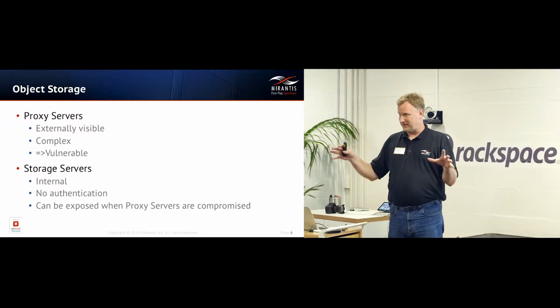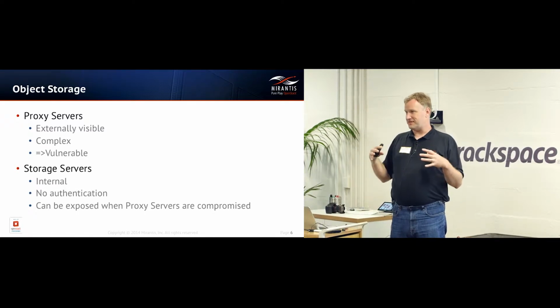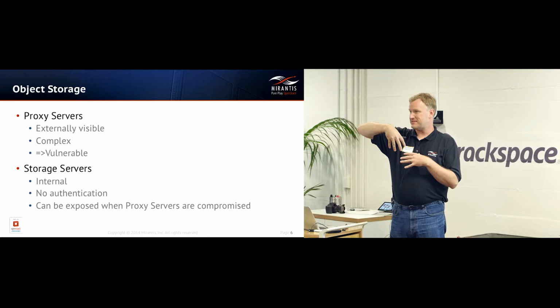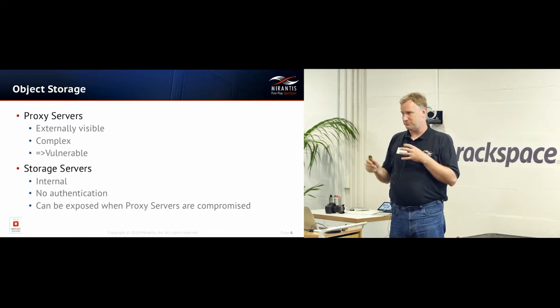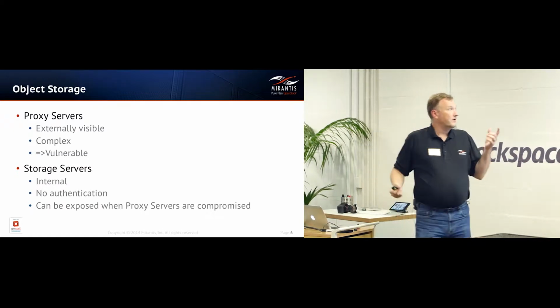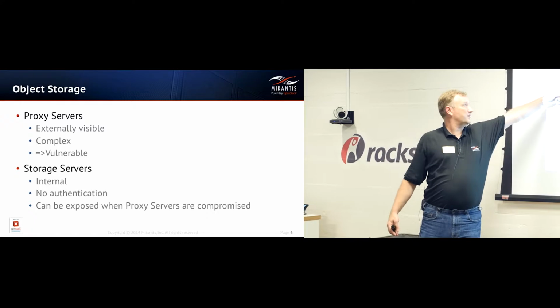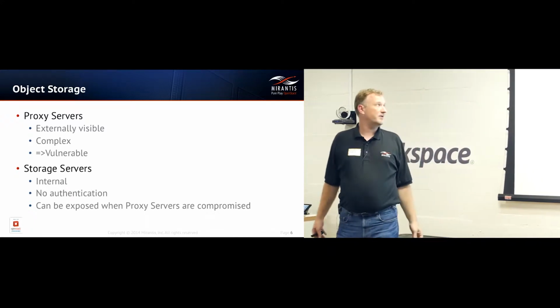Those are connected by an internal network. On the other side of the proxy server, there's an external network that requests come in through, and answers, objects go out. From a security standpoint, externally visible always means more vulnerable.